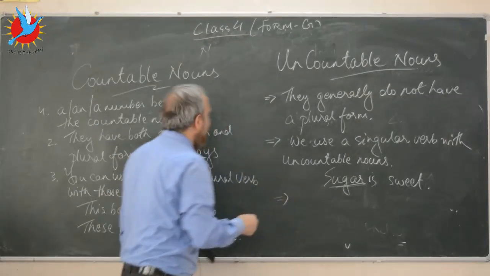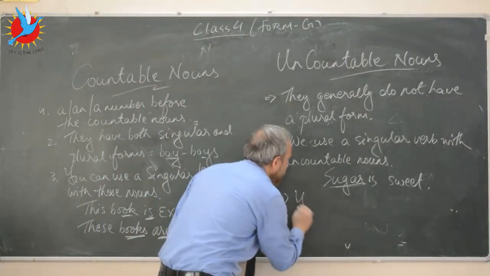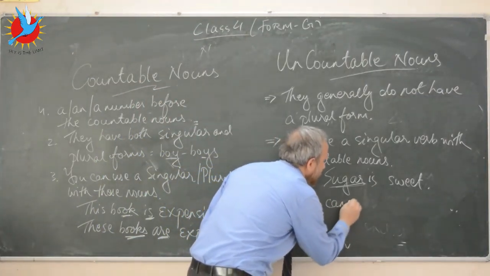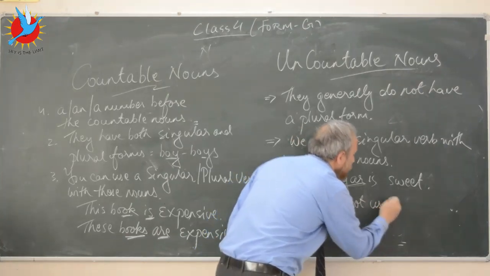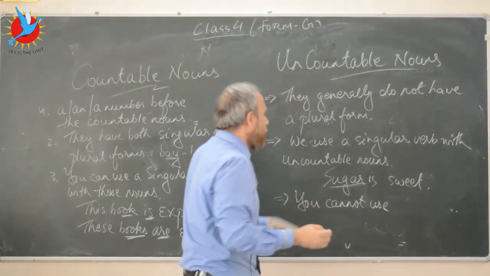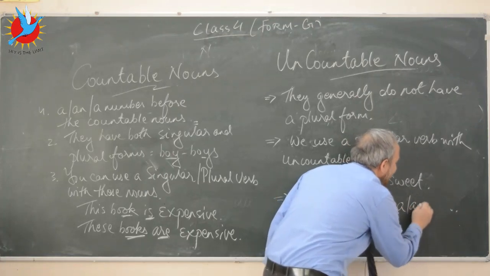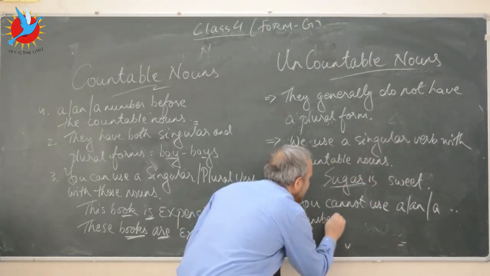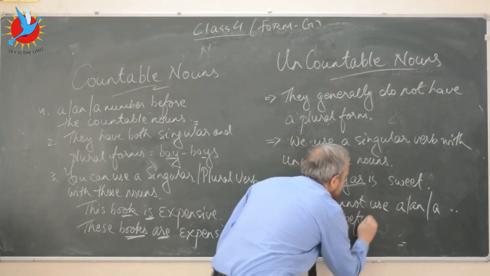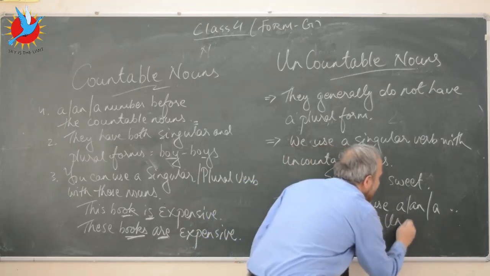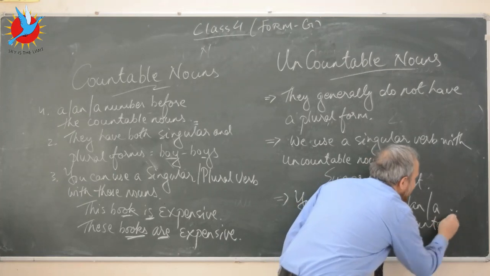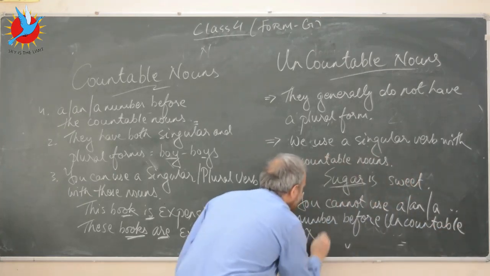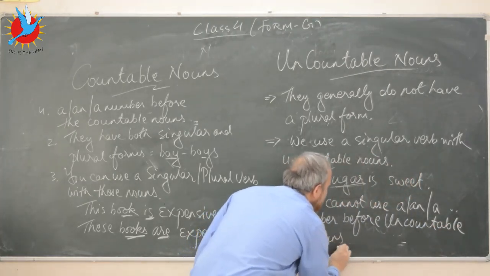And the next point is, you cannot use a, an or a number before uncountable nouns.